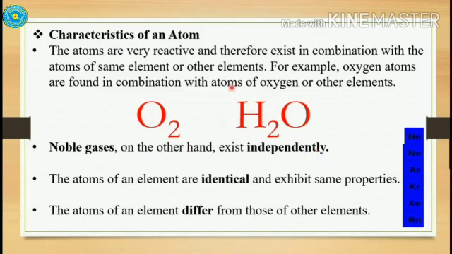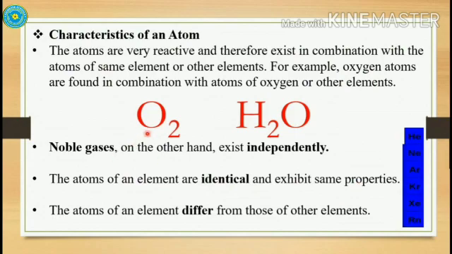As I said earlier, atoms are very reactive and therefore exist in combination with the atoms of the same element or other elements. For example, oxygen atoms are found in combination with atoms of oxygen or other elements. The atoms of an element are identical and exhibit the same properties.